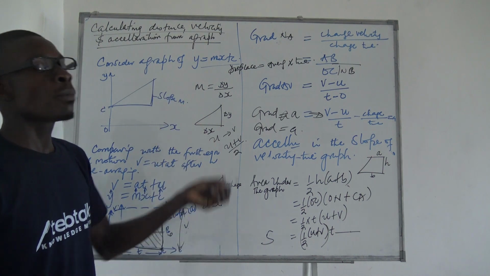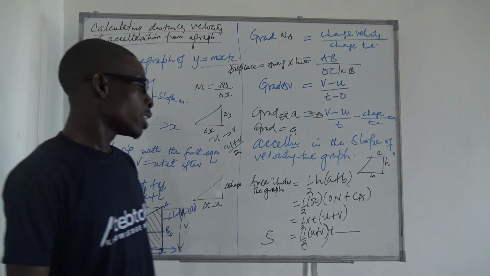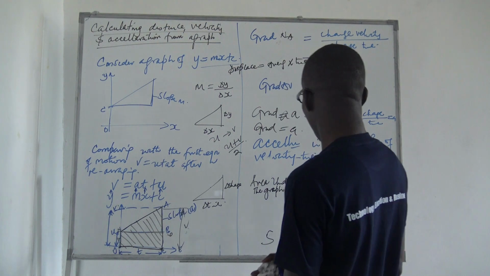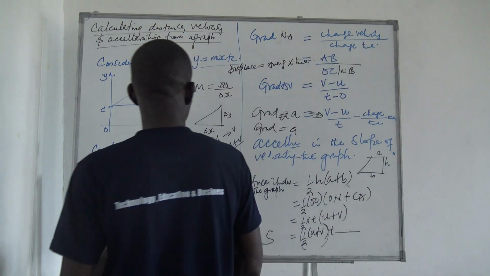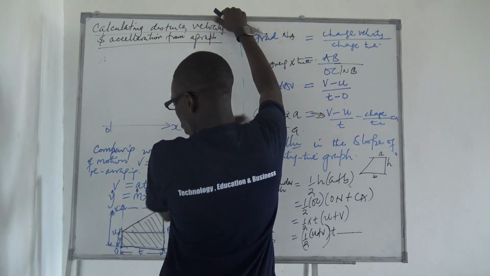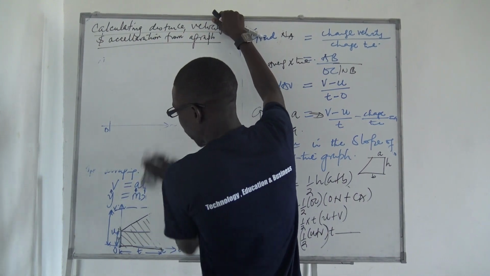When you multiply it by time, we get displacement. That brings us to the conclusion that the total area under the velocity time graph is always displacement. Is that okay? From everything we have analyzed, you should master two main components.